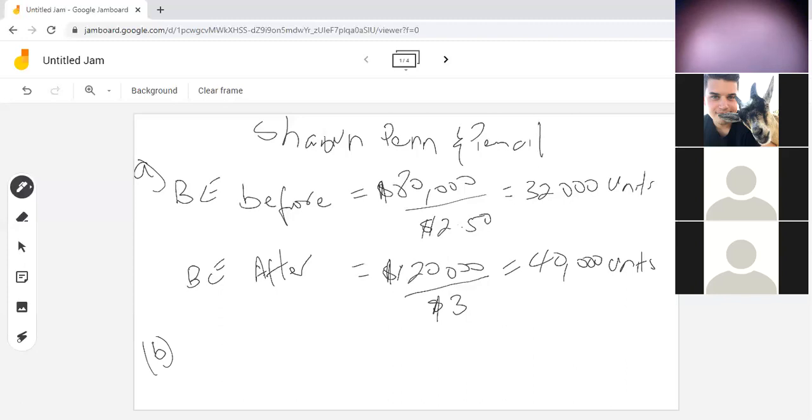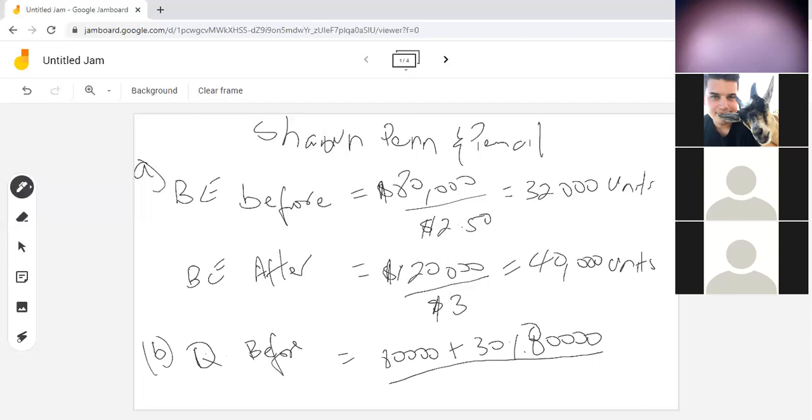So in that case, the quantity Q before would be 80,000 plus 30% of 80,000, over our contribution margin of $2.50.